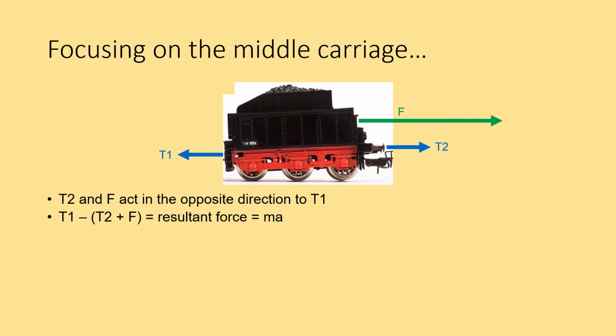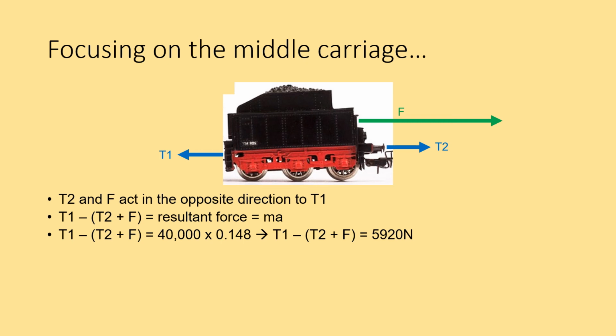So we have T1 minus T2 plus F gives the resultant force, which is equal, of course, to mass times acceleration. Now we know that mass times acceleration, it weighs 40 tons, and the acceleration was 0.148 meters per second per second. And therefore, T1 minus T2 plus F equals 5,920 newtons.